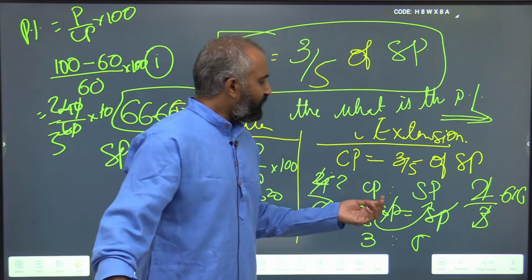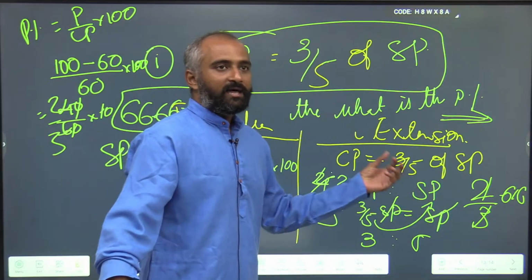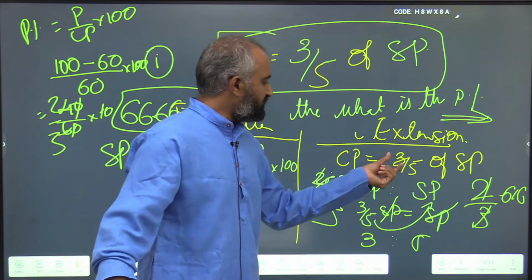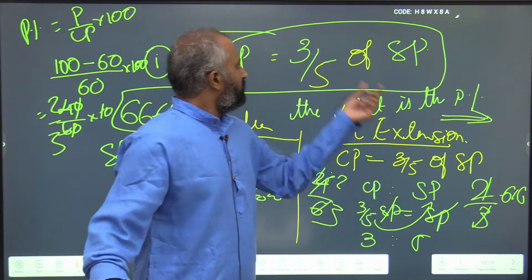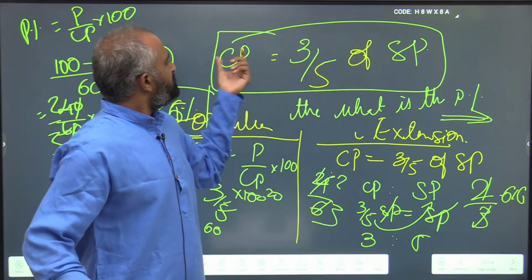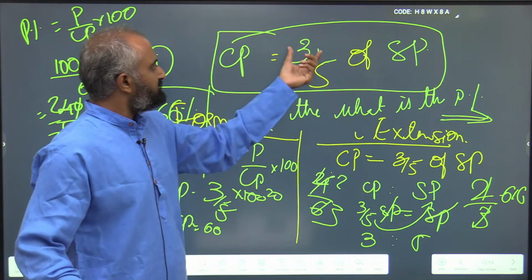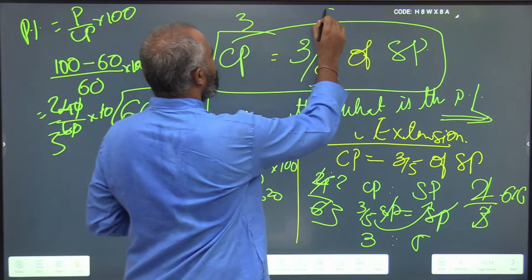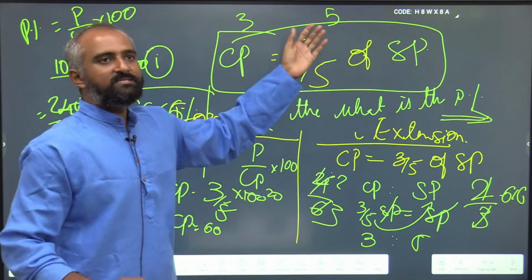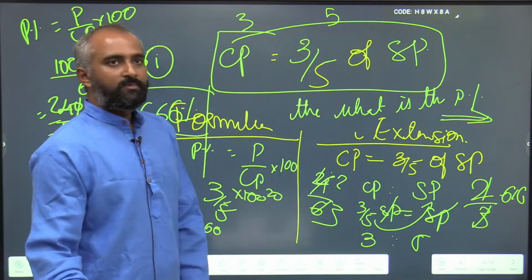I had to explain because I am explaining for the first time. Otherwise, this process is mental. You see 3, you see 5. This is CP, this is SP. CP is 3/5 of SP, that means CP must be less. It will be 3 parts and this will be 5 parts. So what is the difference? 2 parts. 2 out of 3 is 66.66%.